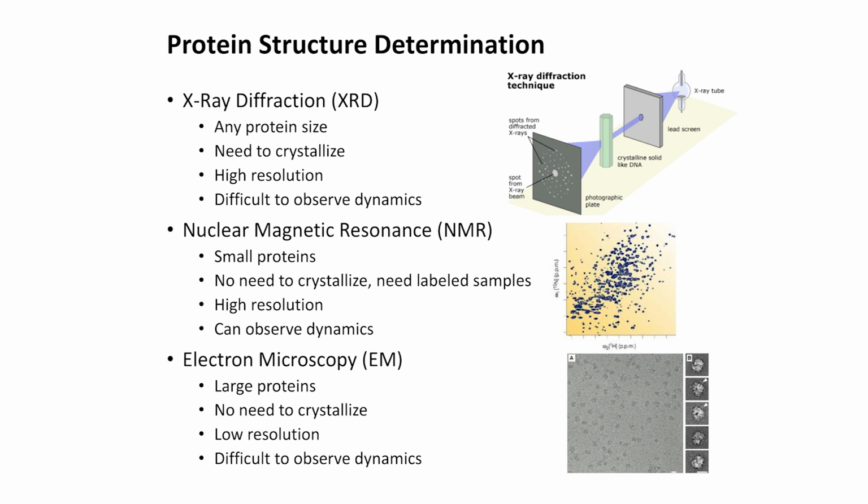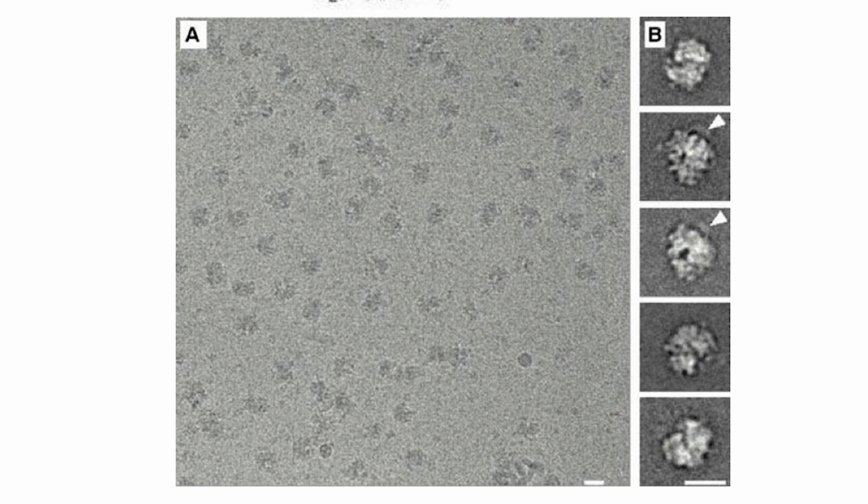Is that picture, is the concept similar to the normal microscope? Yeah, absolutely. It is very similar, and the only thing is you're looking at how electrons interact with your sample as compared to visible light. Each of these particles here is a protein molecule, and these are 3-dimensional reconstructions done by computer software.